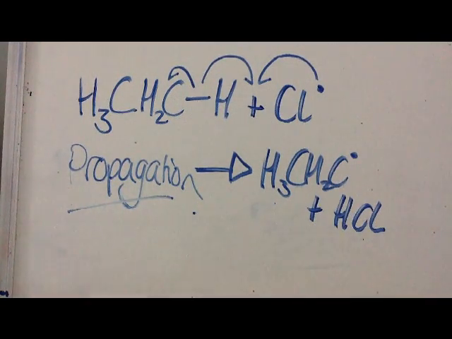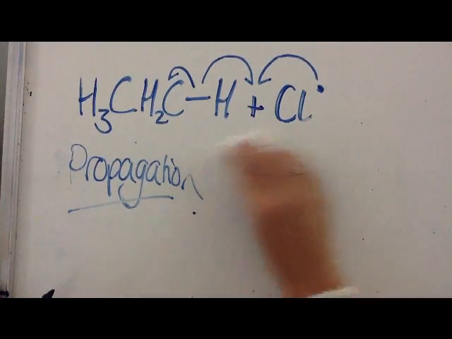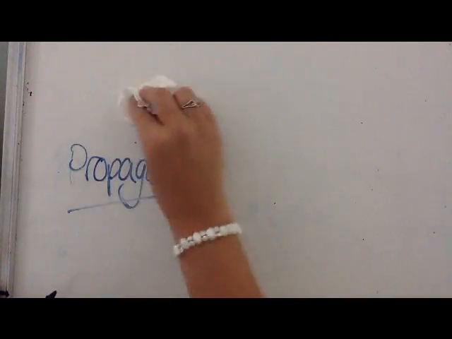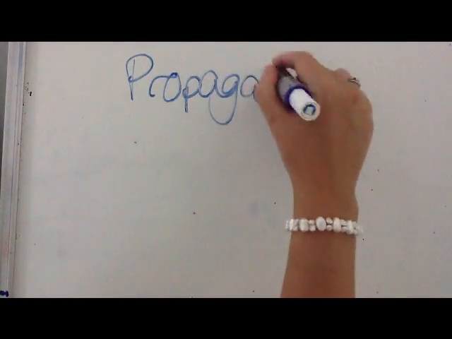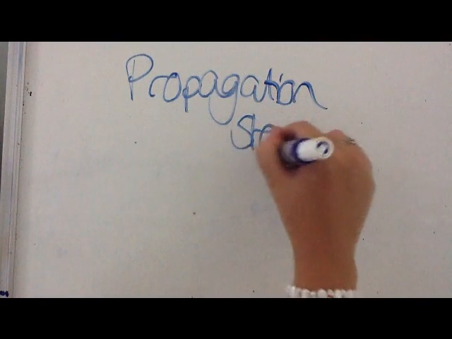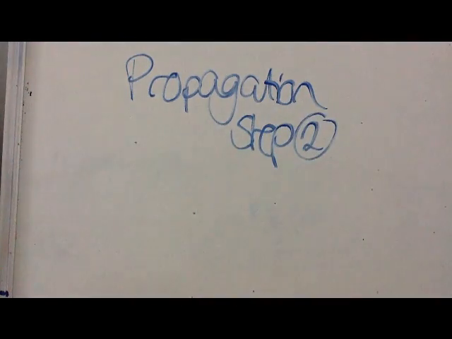So our next step, this is our propagation step 2. Our next step is we take the carbon free radical that we've made.